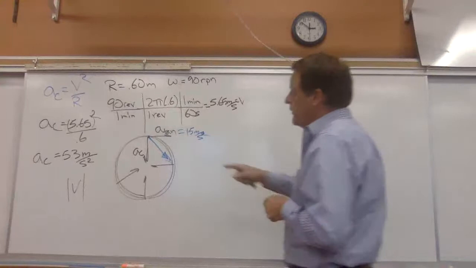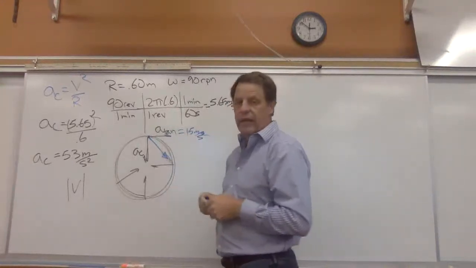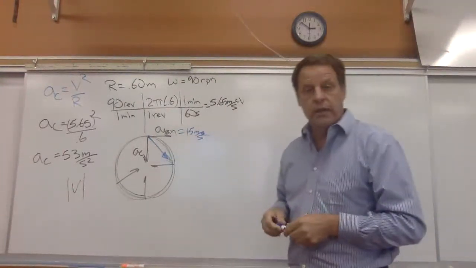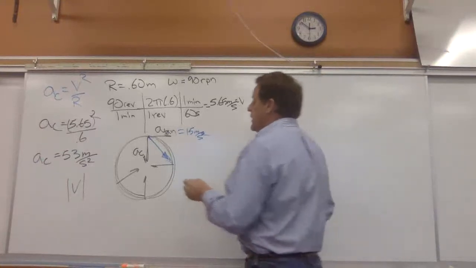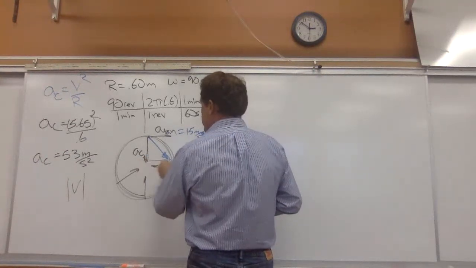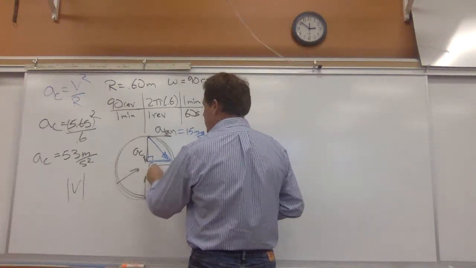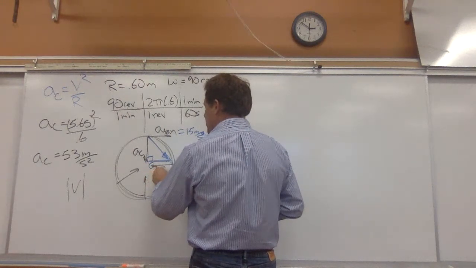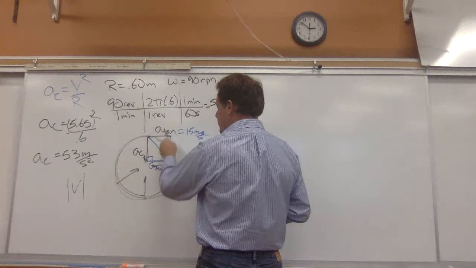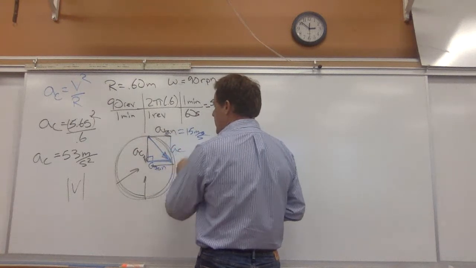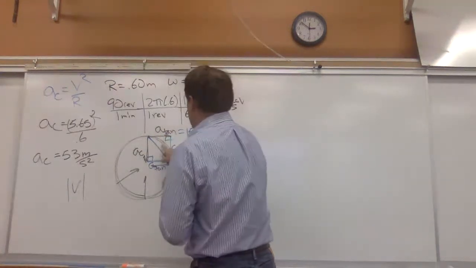And really what we have here is we just have a right triangle, and we can make this the right triangle, and then this down here is our tangential acceleration. Now we could also do it here, and either one of these triangles.